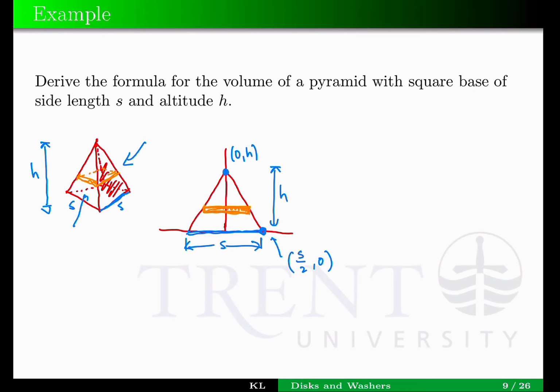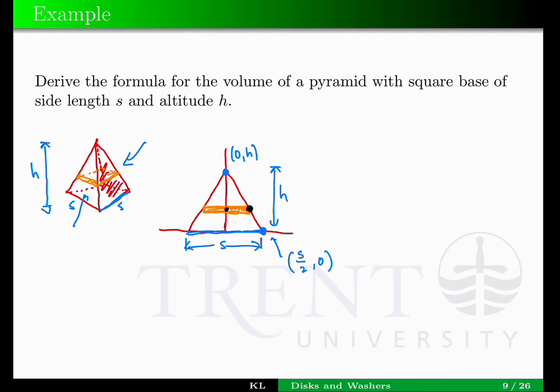We can identify the length of that cross section if we know this particular point. This particular point up to this point can be identified. And look at this, by symmetry, this up to this has the same length as this up to this. So we just need to identify this particular point.